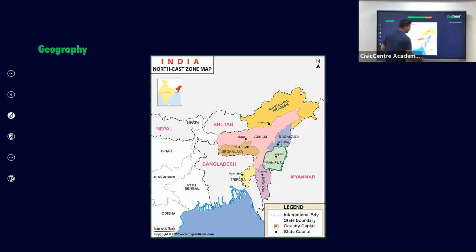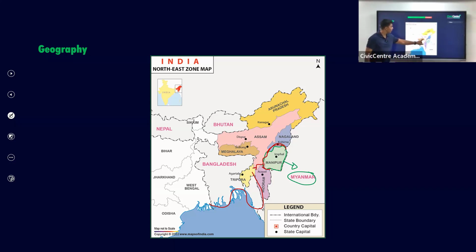This is Manipur. The only thing you should know is that its international boundary is only with Myanmar, not with Bangladesh. Its international boundary is only with Myanmar. With how many other states? With Nagaland, with Assam, with Tripura, with Mizoram.